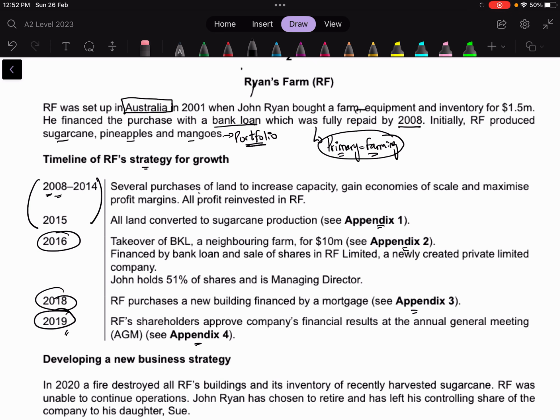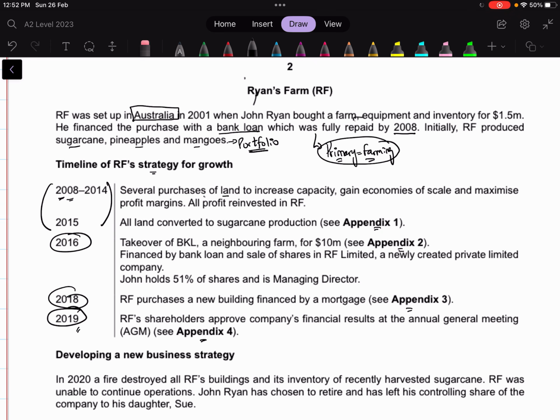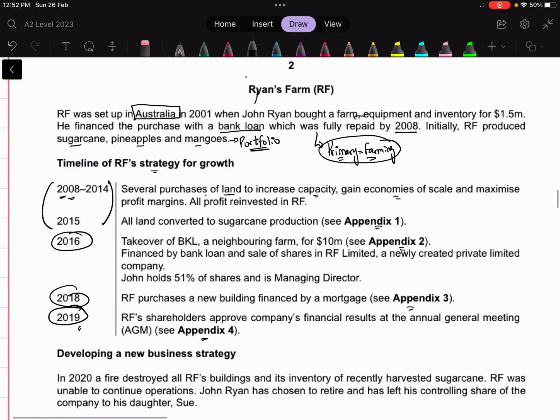From 2008 till 2014, you can clearly see that several purchases of land have been made, and the objective behind the purchase of land is to increase capacity, gain economies of scale, and maximize profit margins. Once the business had sufficient profits, it invested all the profits back into the business to expand further.